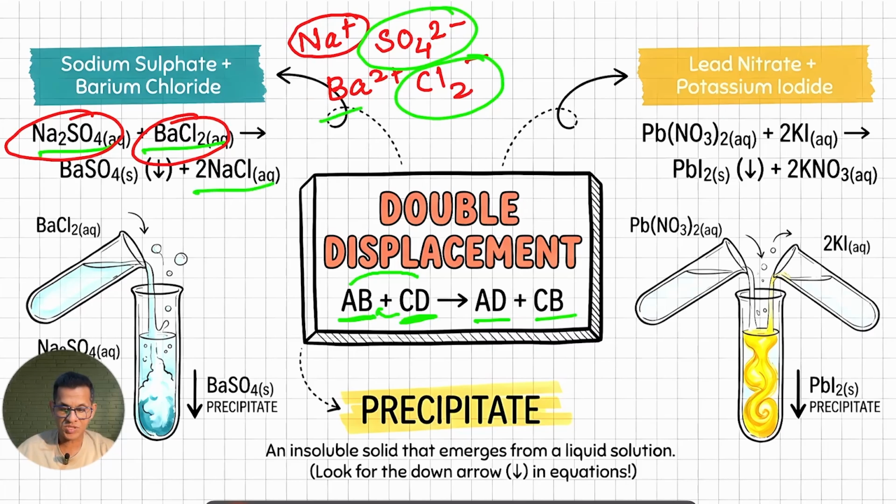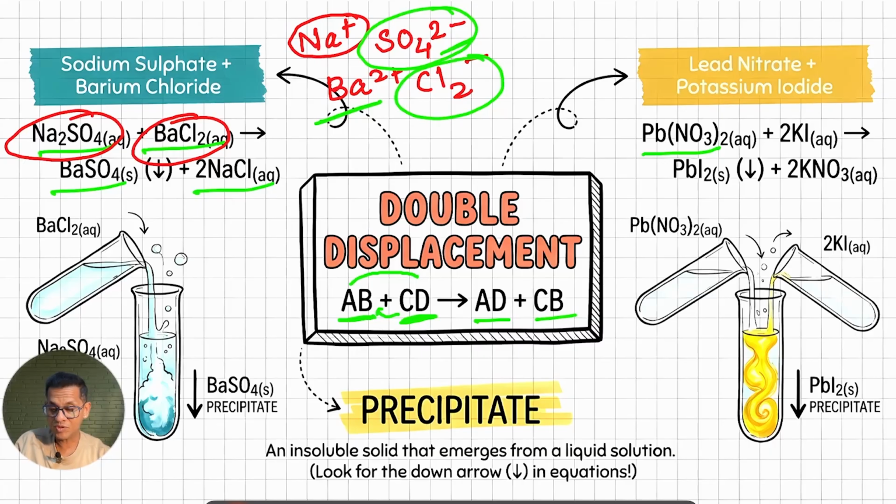Whereas barium, a positively charged ion, will combine with sulfate and form BaSO4. So they have exchanged their partners and formed two new compounds, BaSO4 and NaCl, that is barium sulfate and sodium chloride.